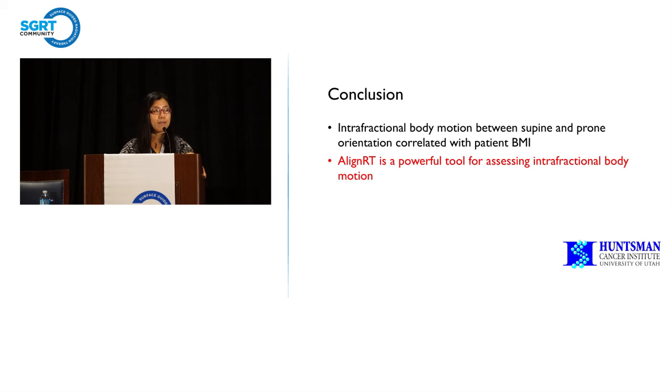So if you have the time and don't feel it's too much work ahead, you could let the patient be in 2 different positions to track and see which one is better. But of course, this is just the intrafractional body motion.